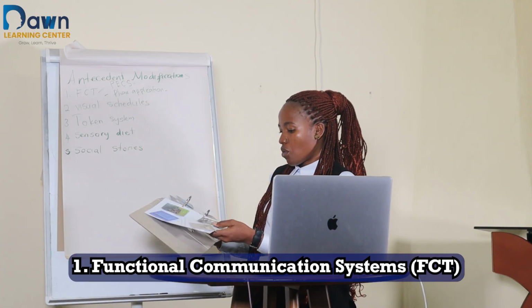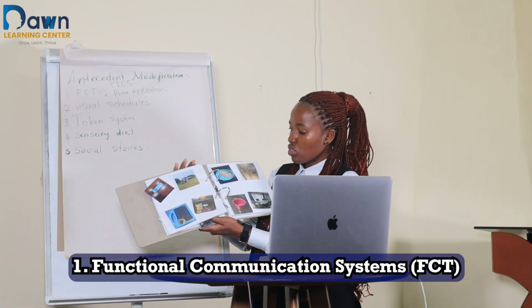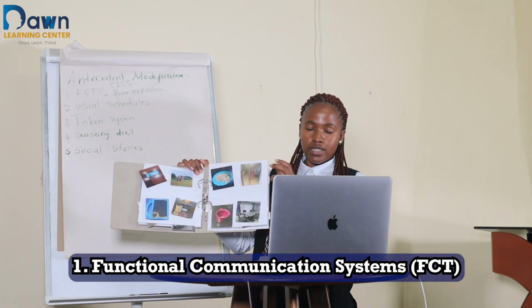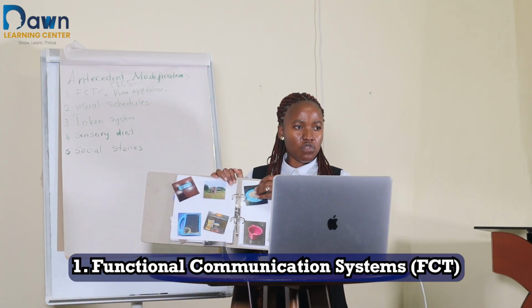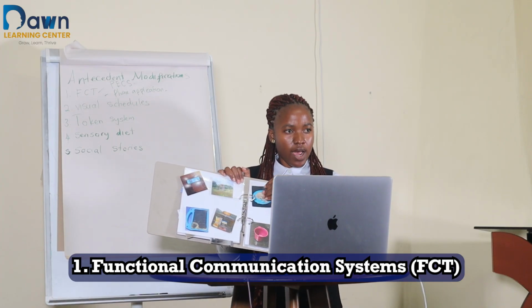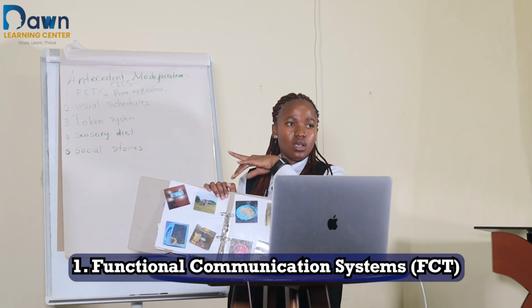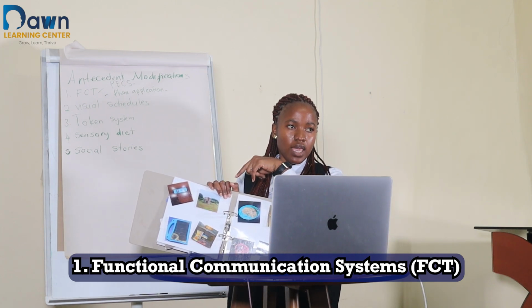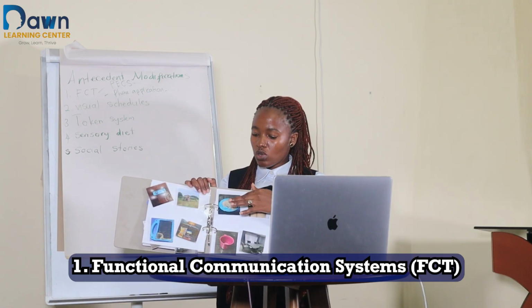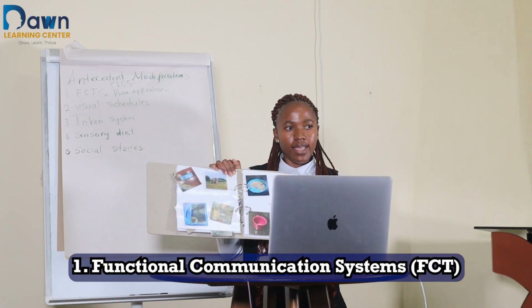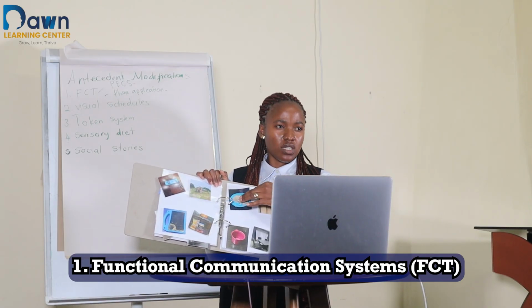Let's say John wants the porridge, but he cries, then he gets the porridge, and we don't want the behavior of crying. Please remember that we do antecedents before the behavior occurs, so that we reduce the undesirable behavior. So we apply the PECS file before the crying occurs, so that we reduce the crying.